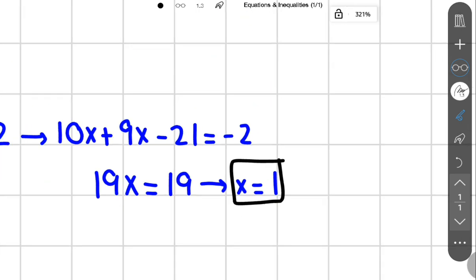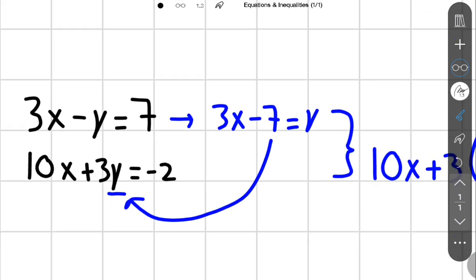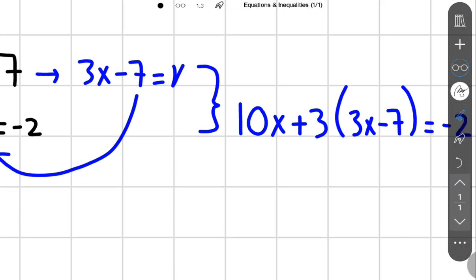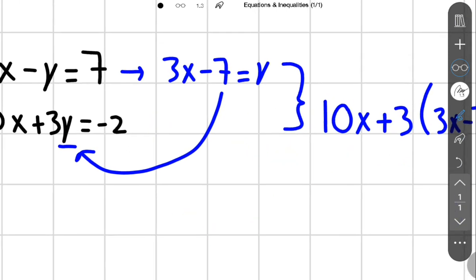Now we could replace any expression which has x with our given value, and solve for y. The easiest one we could do is this one.